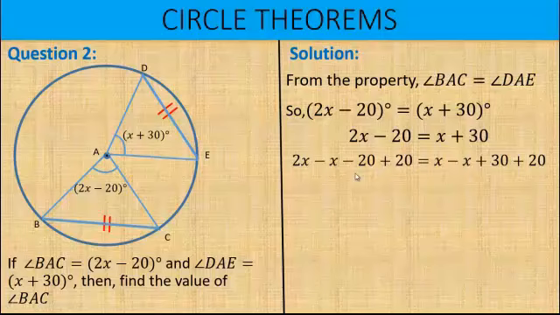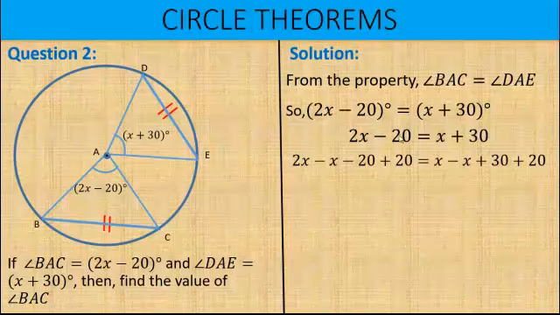Grouping like terms, we subtract x from both sides of the equation because we want x to be at one side. So this x must be here, and because it is positive, we must subtract x from both sides of the equation.